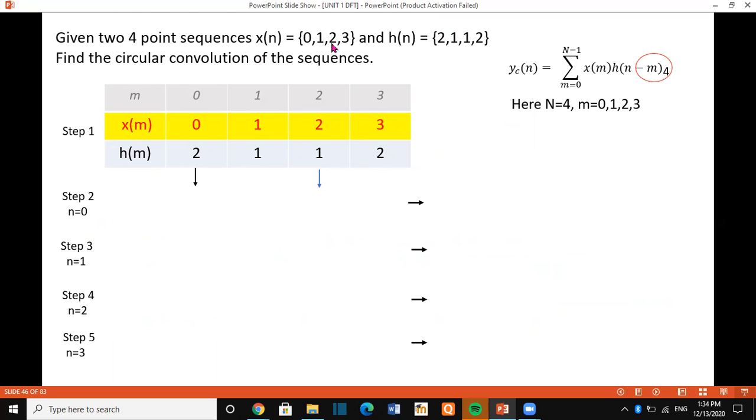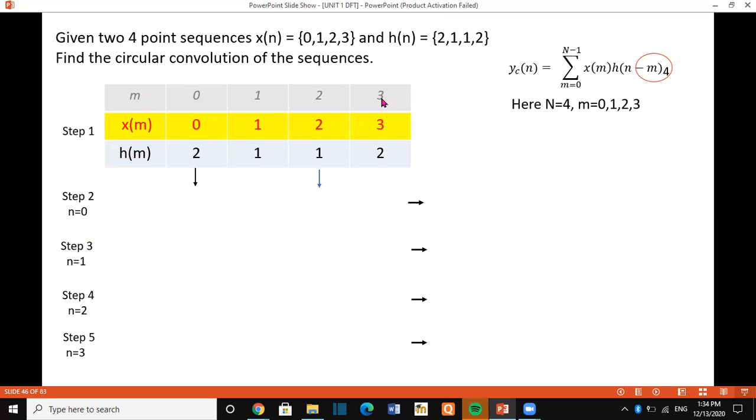x of n is equal to 0, 1, 2, 3 and h of n is equal to 2, 1, 1, 2. Like I told you, in the first step you have to change the index from n to m. We are doing this by a tabular method. In the first row of the table, we write m, and we write 0, 1, 2, 3. Why 0, 1, 2, 3?